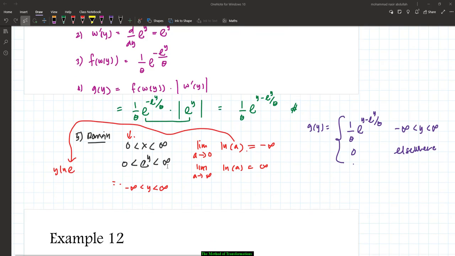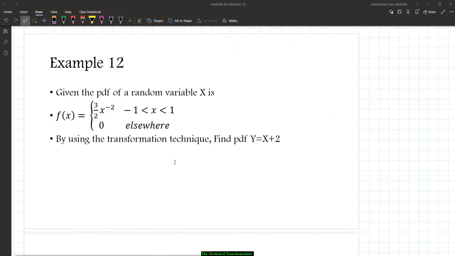Okay. Any questions so far? If you have no question, then kita masuk example number 12. Cukup lah 12, 13, 14, 15, 16. You buat sendirilah.